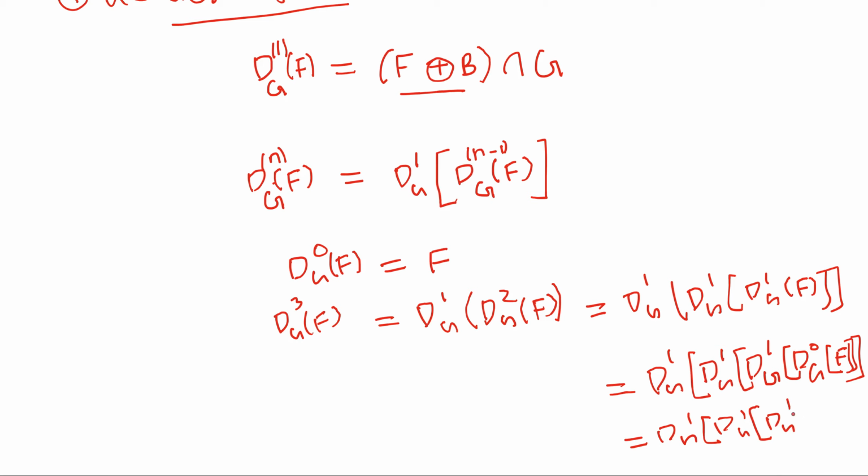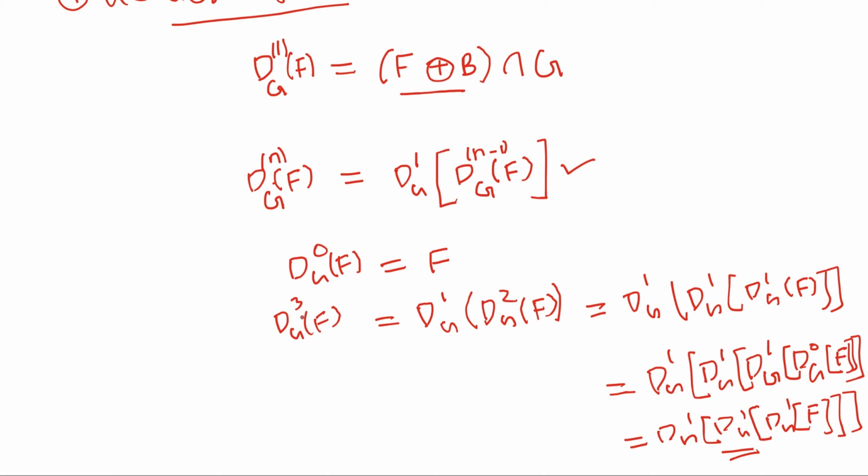That is F. So this turned out to be D_G1 of D_G1 of D_G1 of F. This is how you can use this relation recursively to find the geodesic dilation of any size. Now we will see an example.